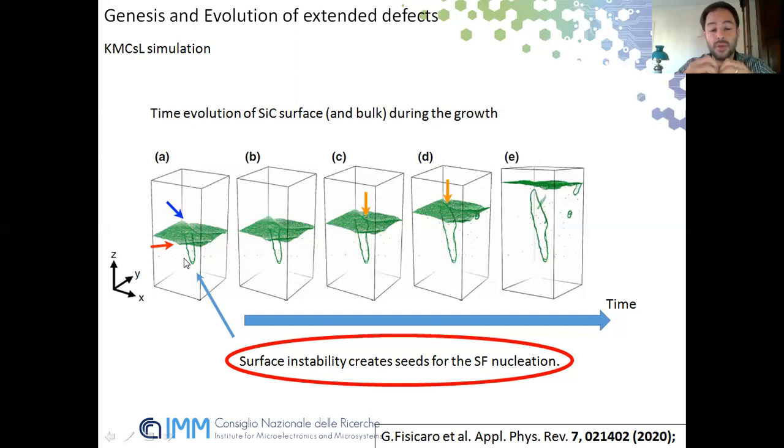In fact, due to the surface instability during the growth, it's possible that on the surface near the inverted domain boundary, near the green boundary, some seed is created on which the stacking fault nucleates. In this image, this line represents the partial dislocation that borders the stacking fault.